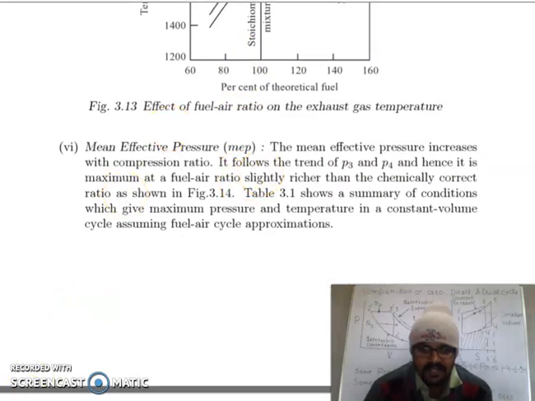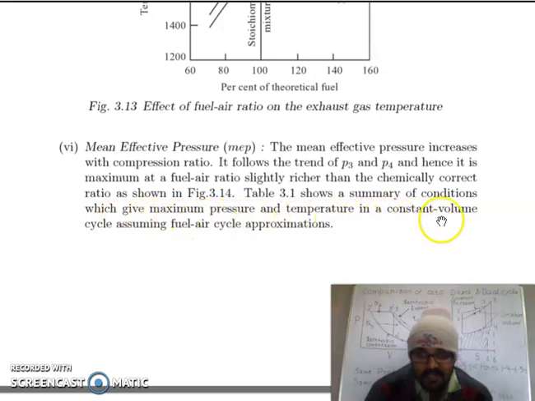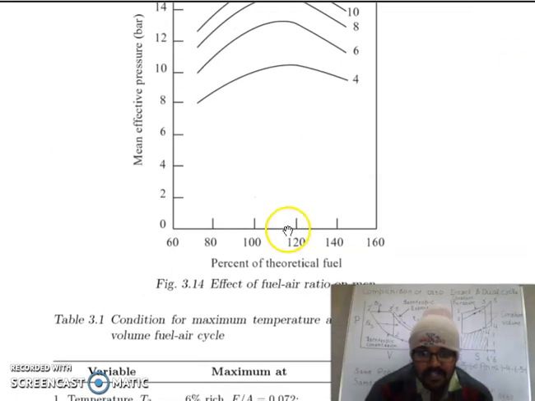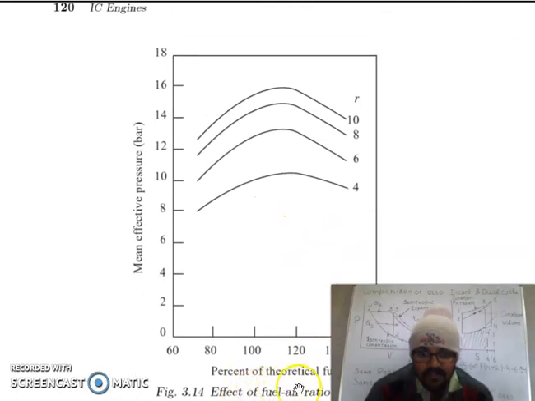Next, the mean effective pressure increases with compression ratio. It follows the trend of P3 and P4, and hence it is maximum at a fuel ratio slightly richer than the chemically correct ratio, as shown in figure 3.14. It shows a summary of conditions which give maximum pressure and temperature in a constant volume cycle, assuming fuel-air cycle approximation. In this figure, this axis is percentage of theoretical fuel and this is mean effective pressure.